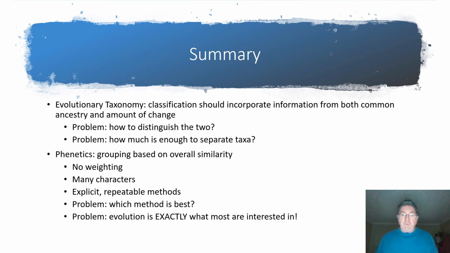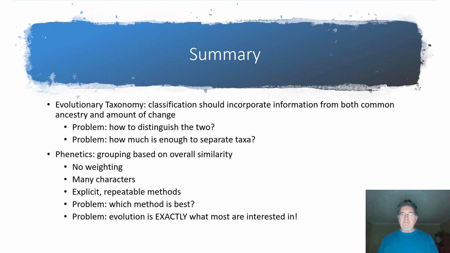The problems with this become, well, not only is it sometimes difficult to distinguish where the subjectivity of the individual researcher comes in, but how do we tease apart these 2 components? How do we know when a taxon is based upon anagenetic change and when it's based upon its evolutionary history?